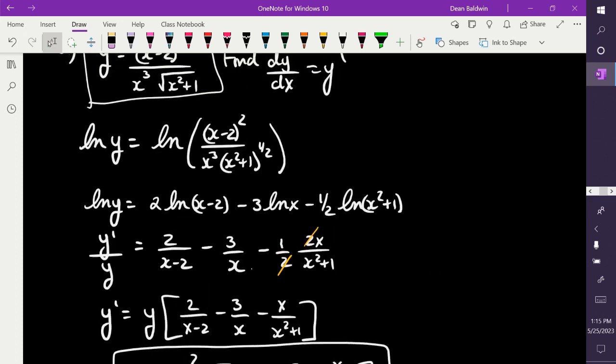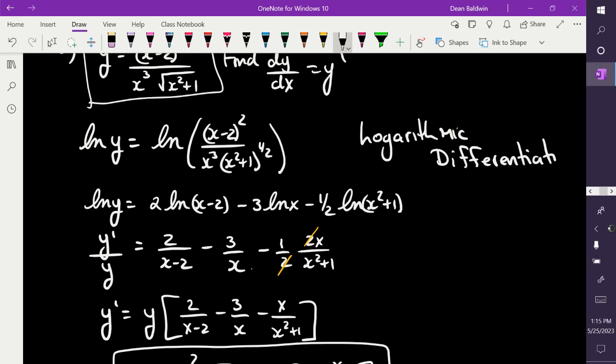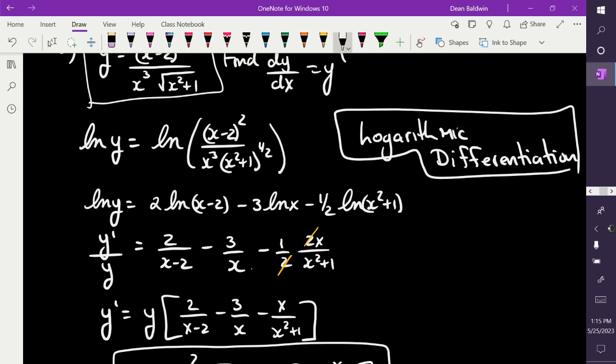This is called logarithmic differentiation.